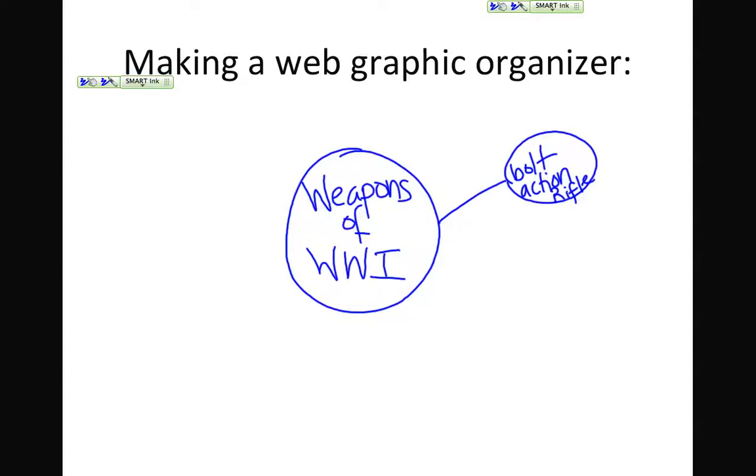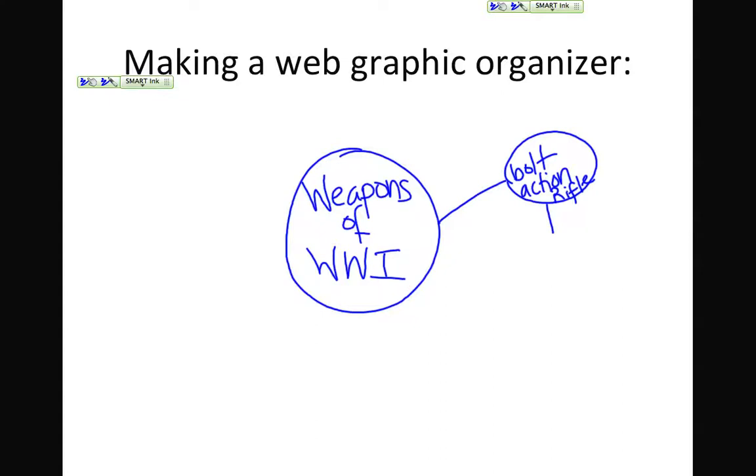Now, there is some important information regarding the bolt action rifle that you need to include in this graphic organizer. So what you're going to do again is draw another line coming out of that circle or square that you drew. What's some important information in this paragraph about the bolt action rifle?